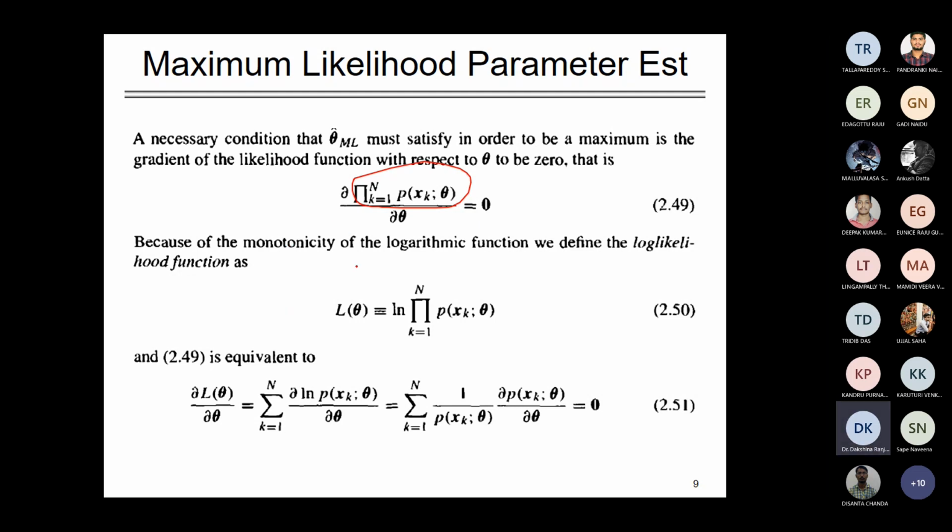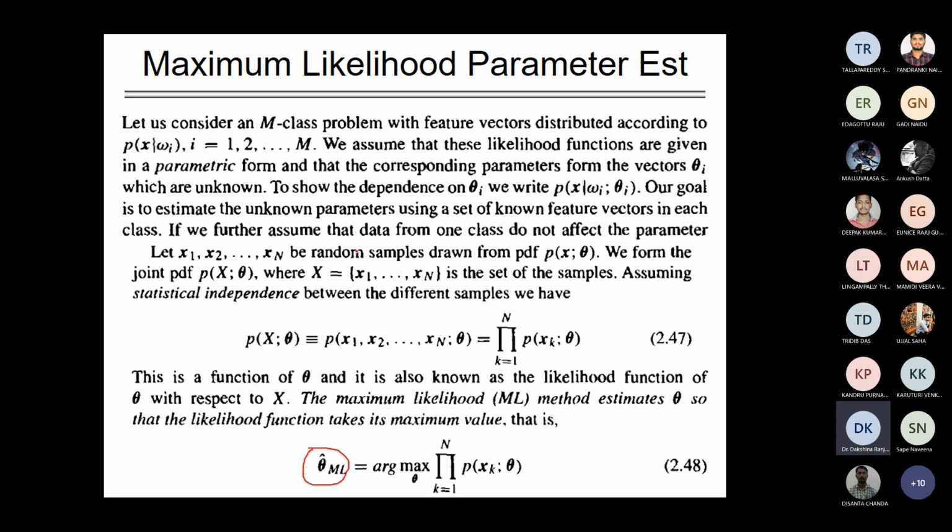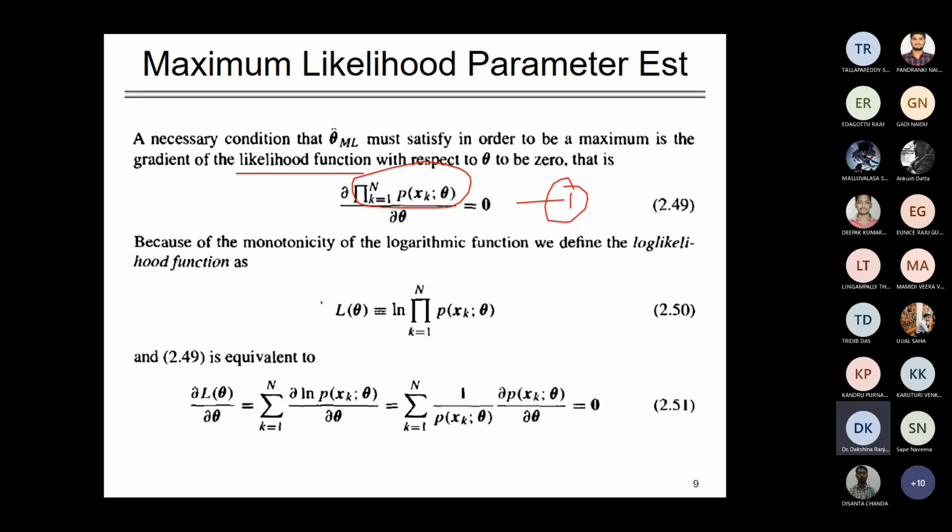So this is one form, and another form is that we can take the log likelihood of this likelihood function. First we get the likelihood function from this expression, and then we take the log likelihood.